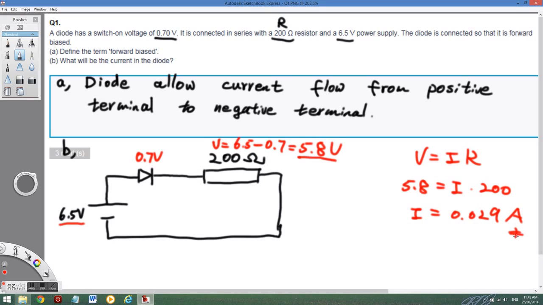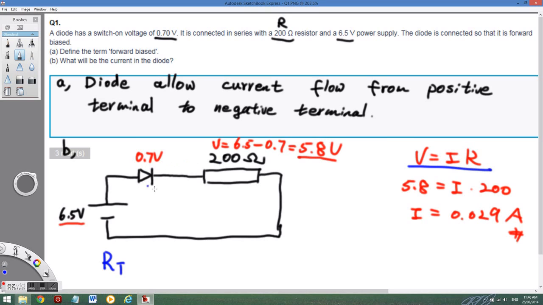Now the important thing when doing this question is that we have a diode. Normally in year 11, when finding current, we always try to find the total resistance, then we use the equation V equals IR to find the total current.